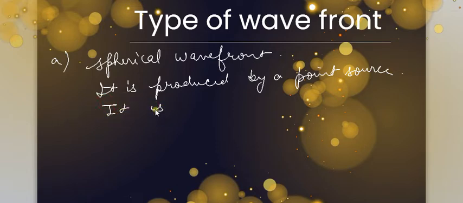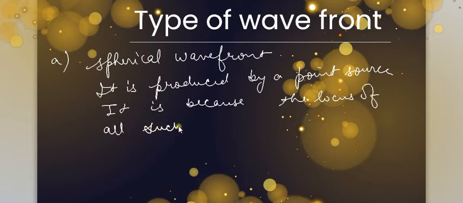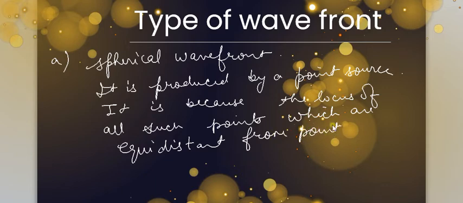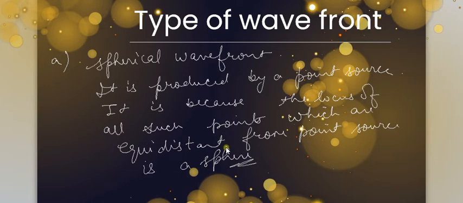It is because the locus of all such points which are equidistant from a point source is a sphere. That's why the type of wavefront generated by a point source is a spherical wavefront.